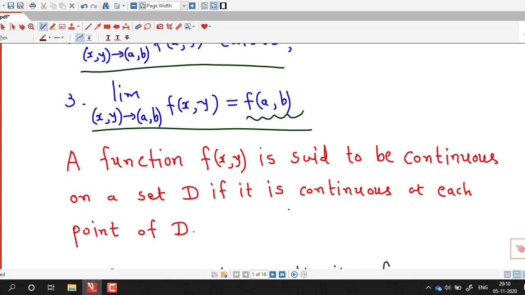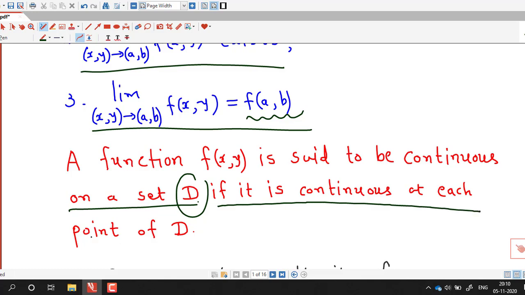And if we want to discuss continuity on some set, then function is continuous on a given set D if it is continuous at each point of this set D.